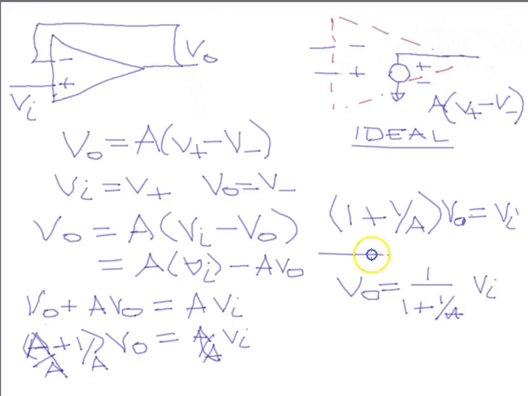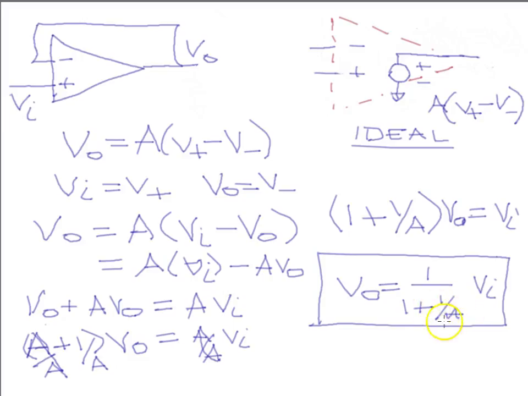And this then is the relationship that we're looking for between the output voltage and the input voltage. And here, as you can see, as the value of A is large, this term goes to 0, and then your output voltage tracks the input voltage.